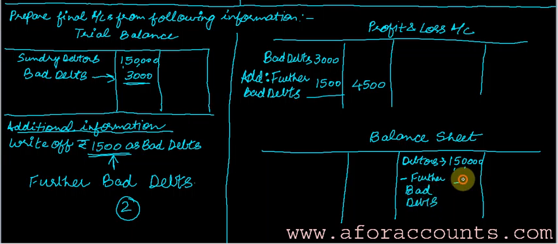That is minus 1,500, and in the outer column 1,48,500. So this is how I give the effect of bad debts in my accounts.